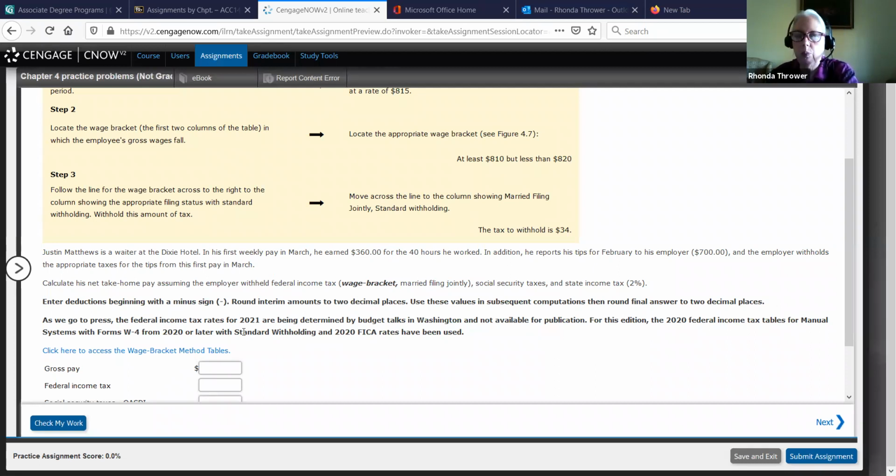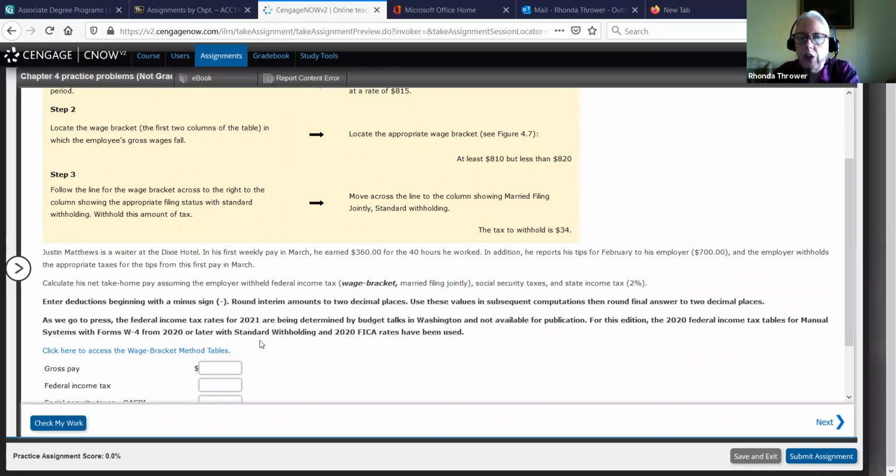They're not available for publication yet. So in this chapter, we're going to be using the 2020 federal income tax tables for manual systems with forms W-4 from 2020 or later.